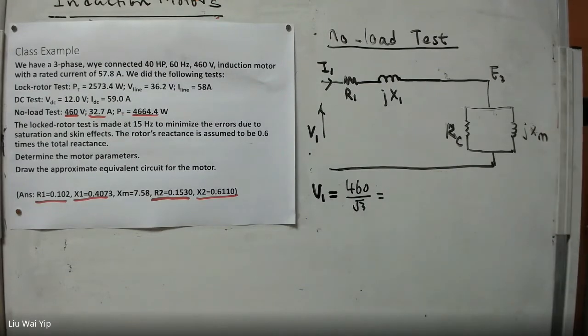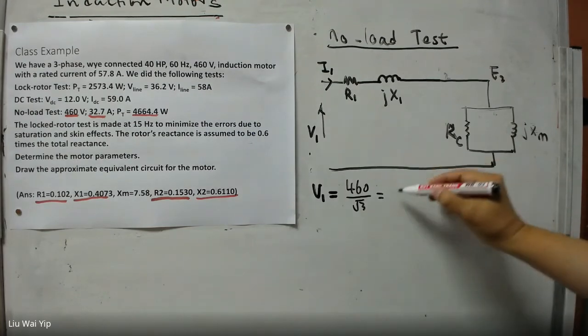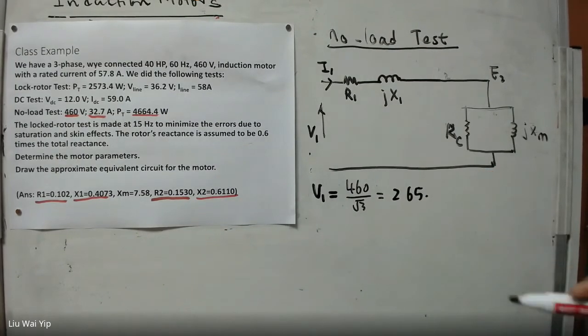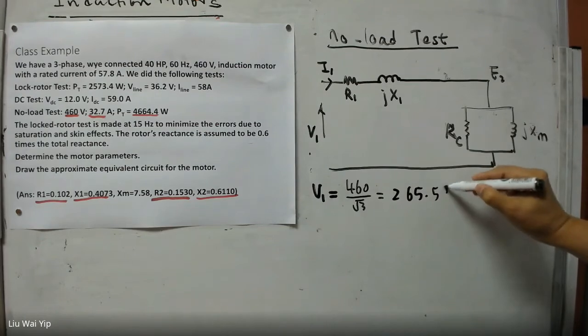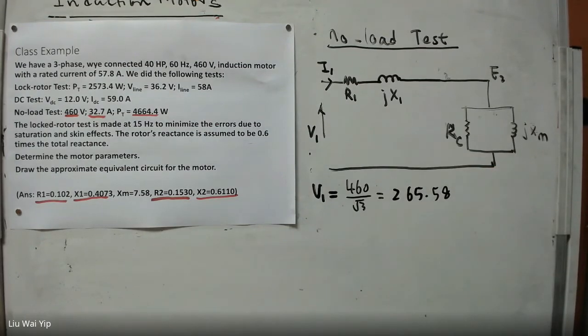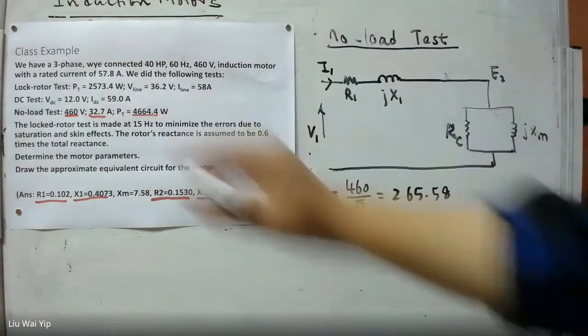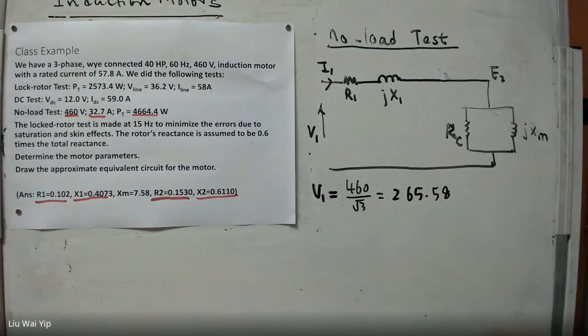Most likely, this is going to be 265.8. The current is given here. The current is 32.7.